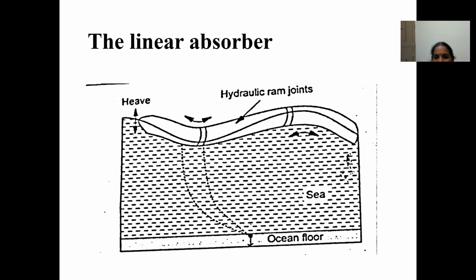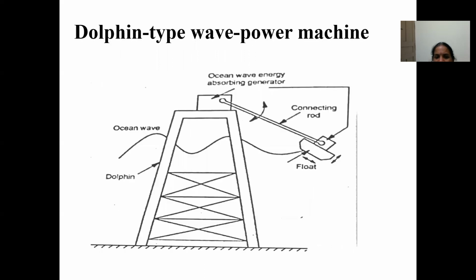Whereas the linear absorber looks like a floating plate on the sea, and it is fixed through guidelines to the ocean floor. As the movement of the upper and lower tide is extracted, the turbine rotates.